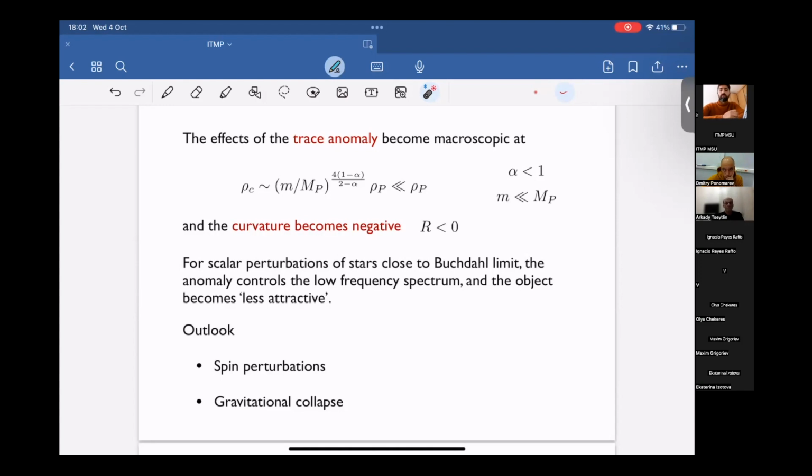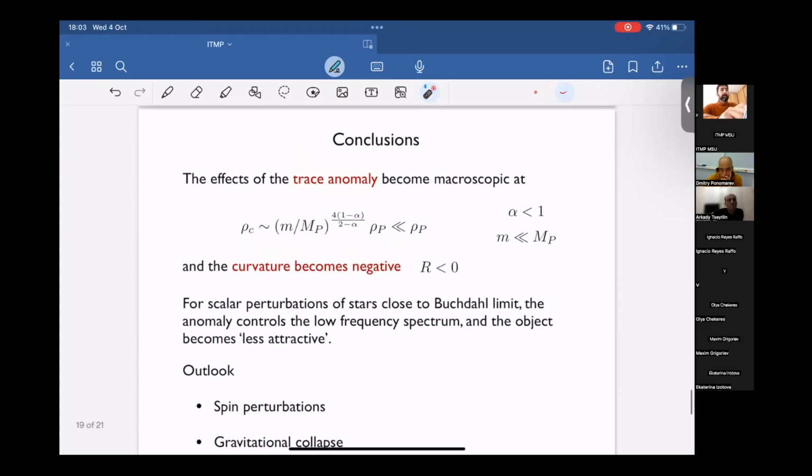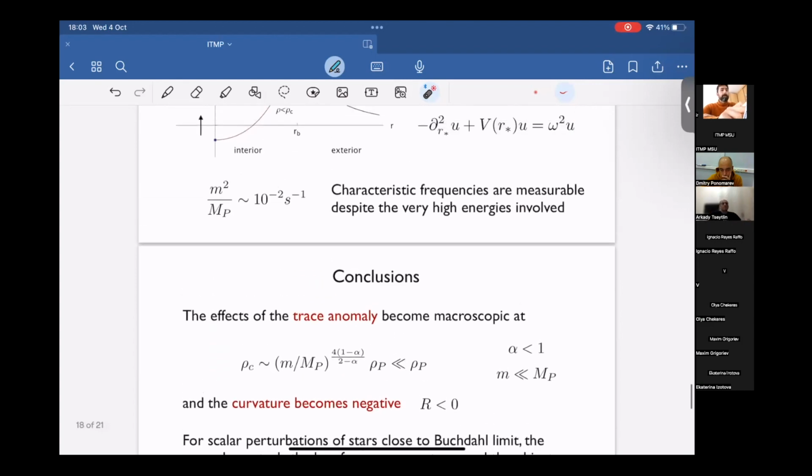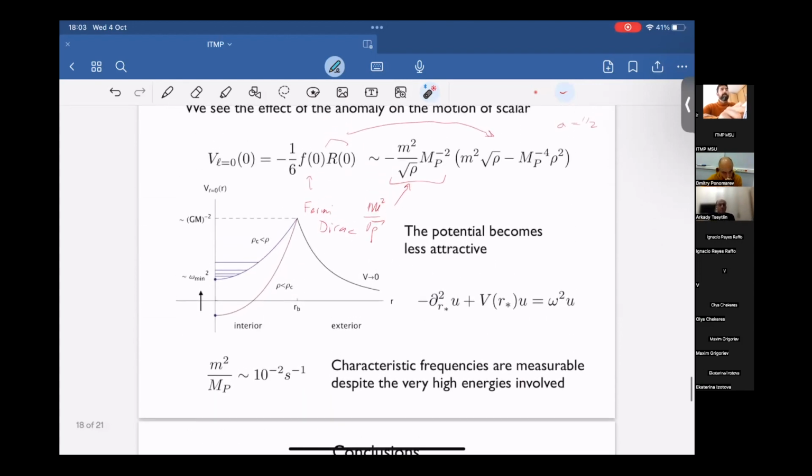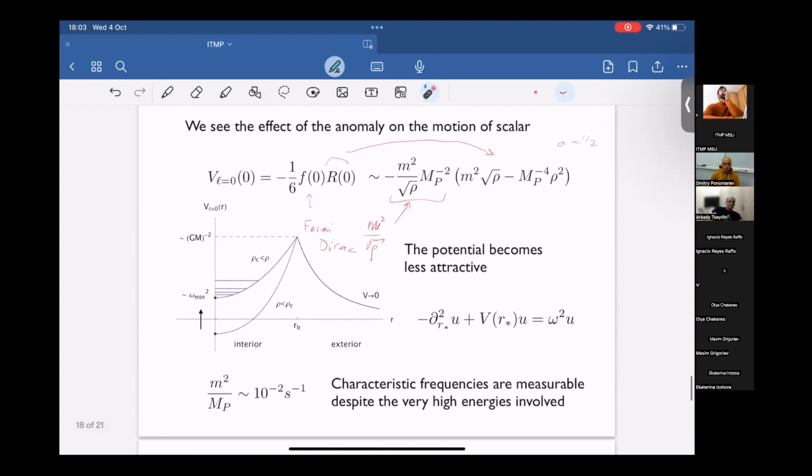Yeah, maybe I would like to ask a question. So if in the final example you consider a small density and you consider high density, what kind of physical process should I have in mind when we compare this kind of density? You mentioned gravitational collapse.